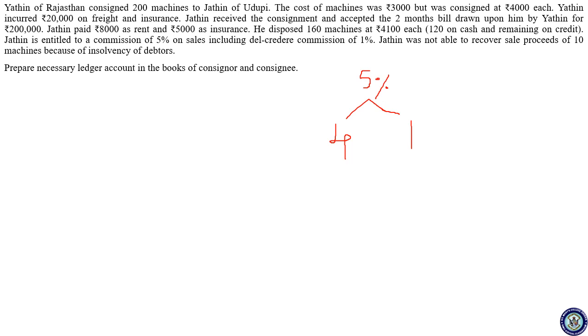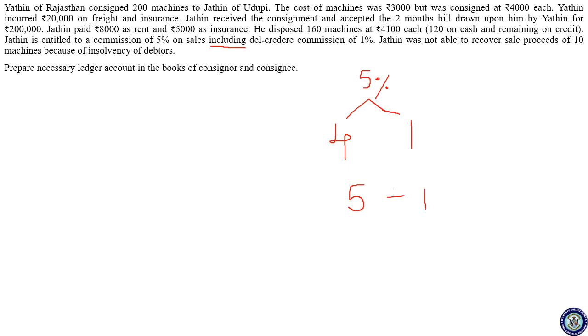So why did we differentiate the commission? Because here it is given as including. If they give Jatin is entitled to a commission of 5% on sales and del credere commission of 1%, then 5% is ordinary, 1% is del credere.